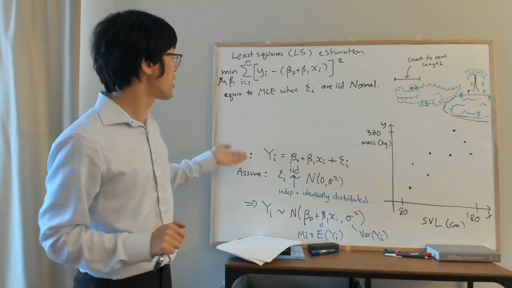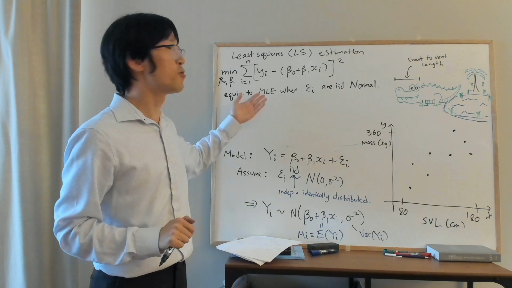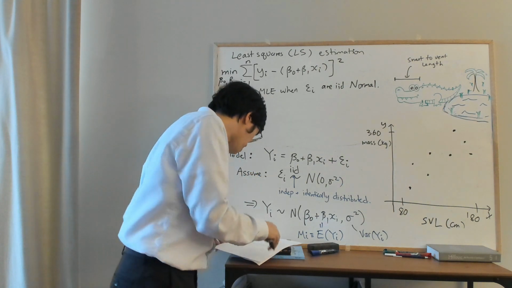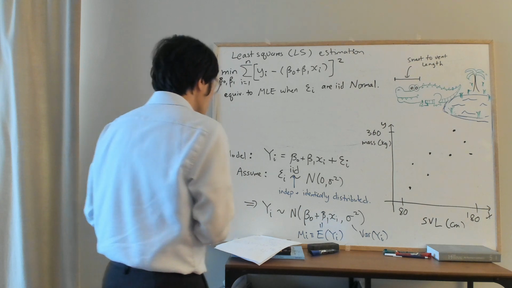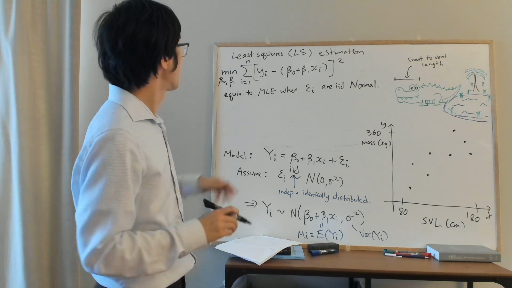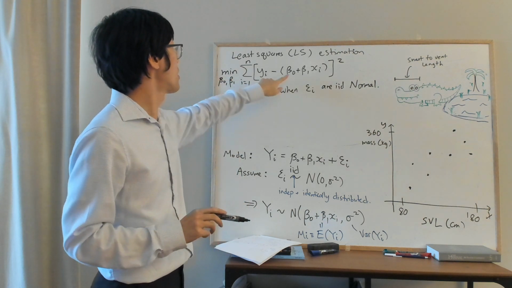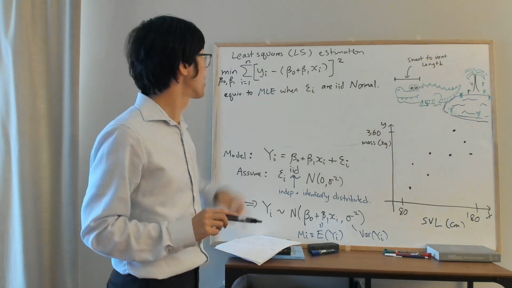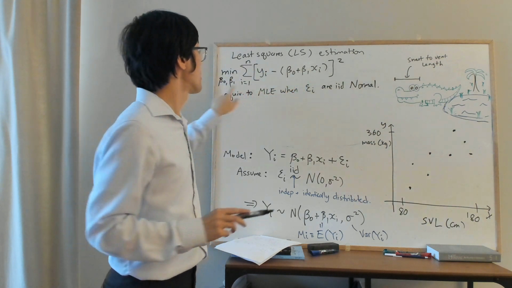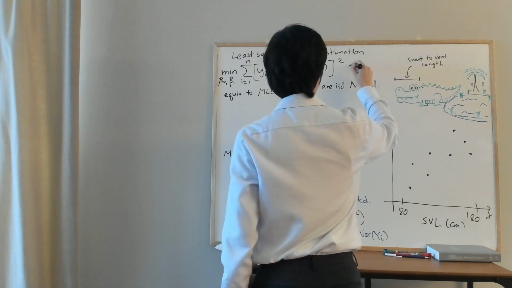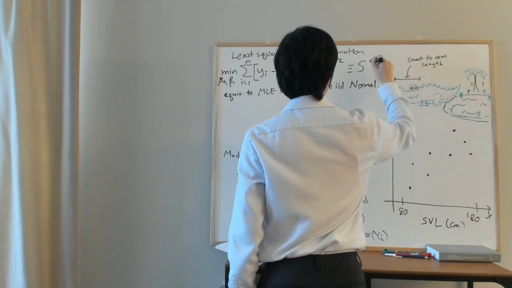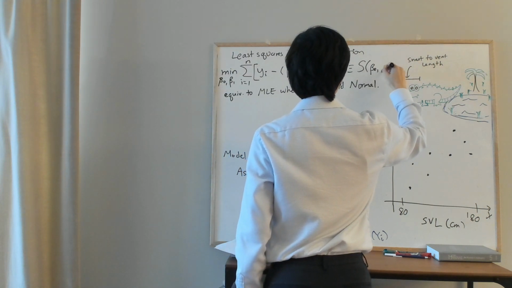But in the case where the errors are normal, the two are equivalent. So our goal then is to calculate these values beta 0 and beta 1. Let's treat this as our objective function, and let's call this S as a function of beta 0 and beta 1.